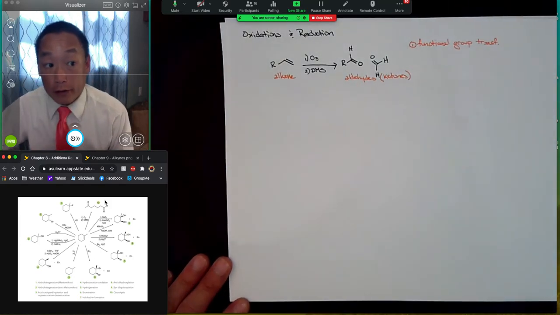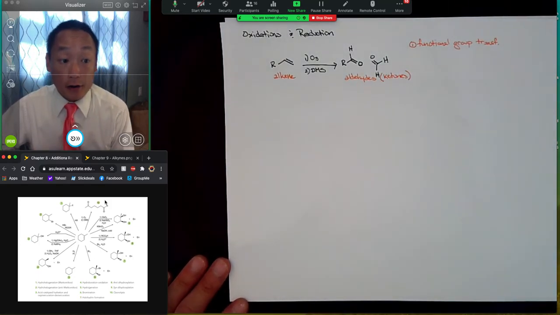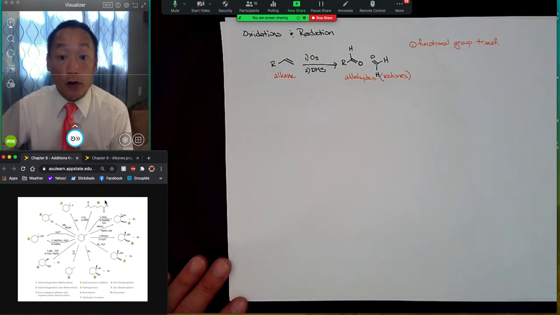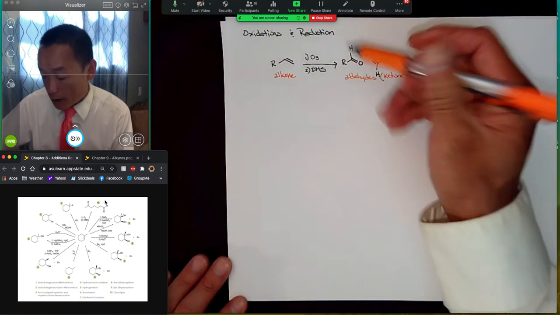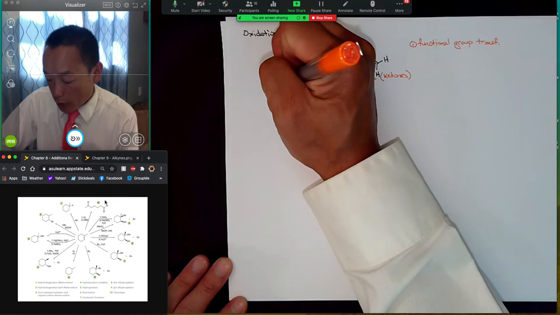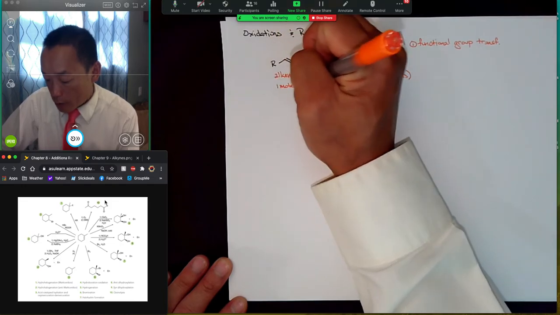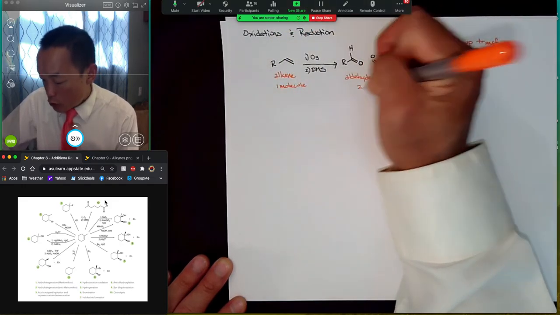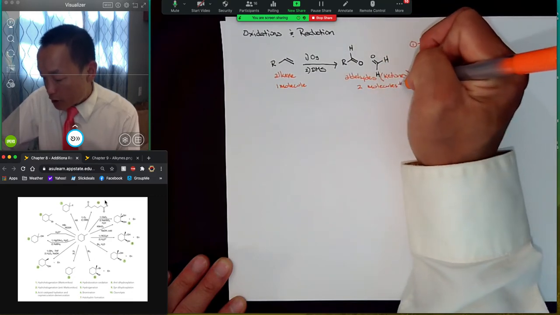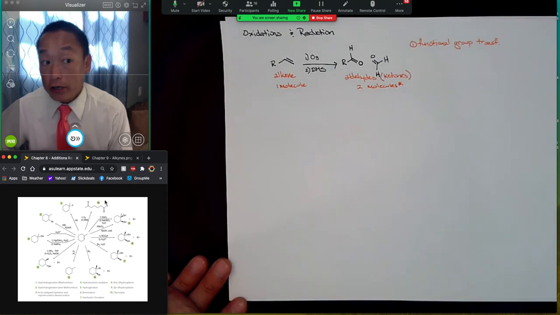Really important for you to memorize functional group names. They're on As You Learn. When I say these types of things, if you know what an aldehyde is, that's going to help because you have this arrangement of atoms. But so it's important to know you're going from one molecule to two molecules. There are instances where you only get one molecule.